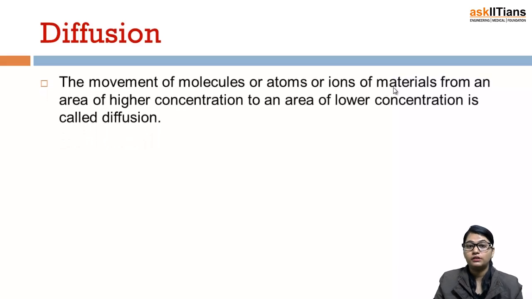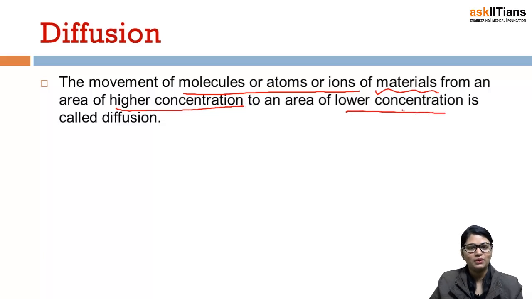Next is diffusion. The movement of molecules or atoms or ions of materials from an area of higher concentration to an area of lower concentration is called diffusion. So diffusion is from the high concentration to the low concentration.